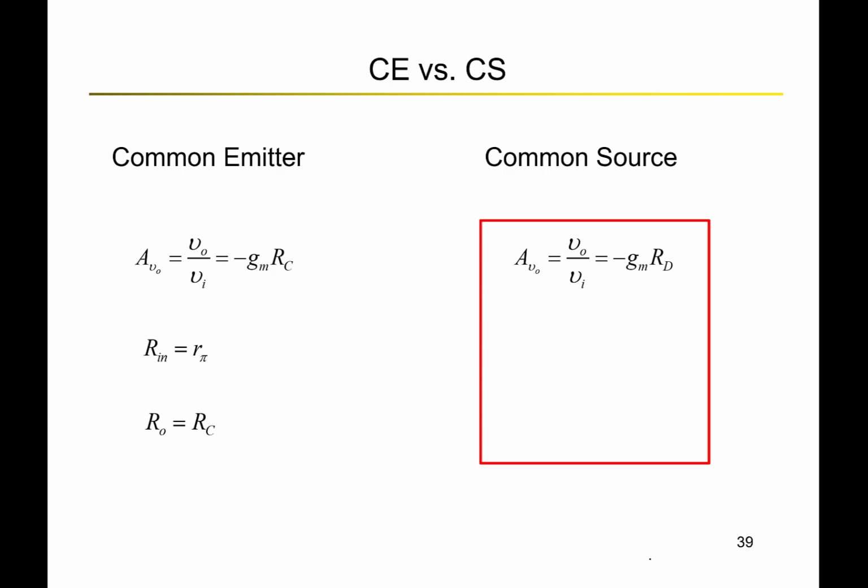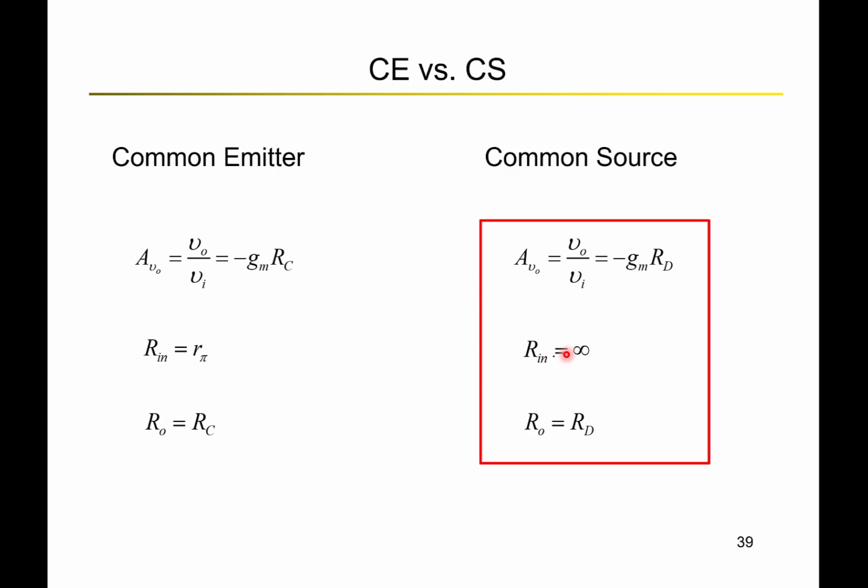As shown over here, you can see AV0 is minus GMRD, Rin is infinity, and RO is RD. So when you compare this with the common emitter amplifier on the left, the gain is kind of similar, GMRC and GMRD.